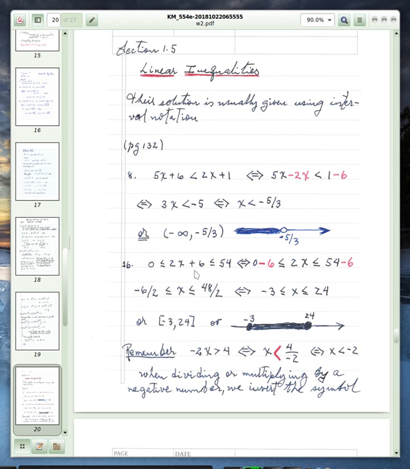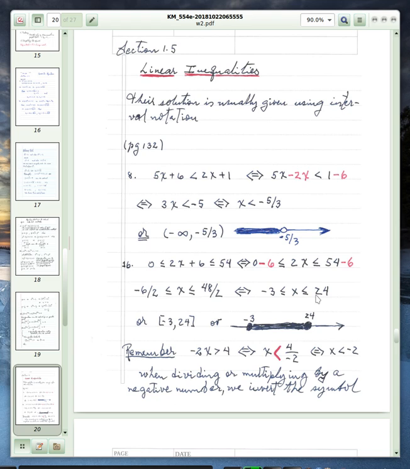So we subtract 6 from all three sides, indicated in red. In the middle part, when we subtract 6, it just disappears. Otherwise, it's just as if you were moving 6 to the right with minus and 6 to the left with minus. Then you start simplifying and you get this.